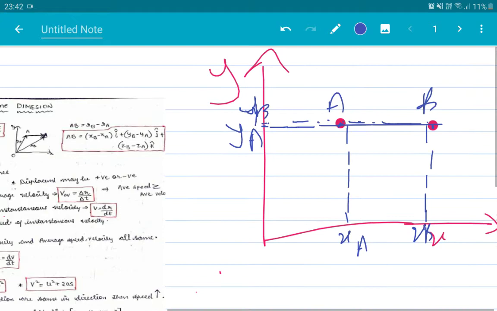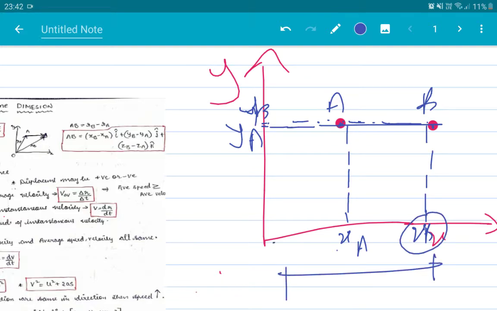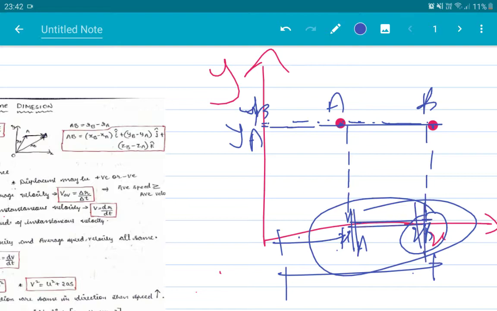In this way, XB minus XA, this minus this will give you this space, the distance between A and B in the x-axis.